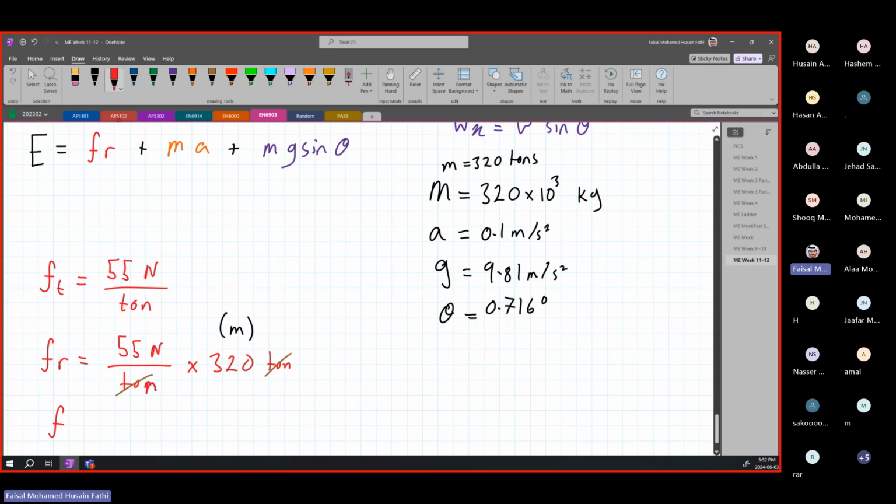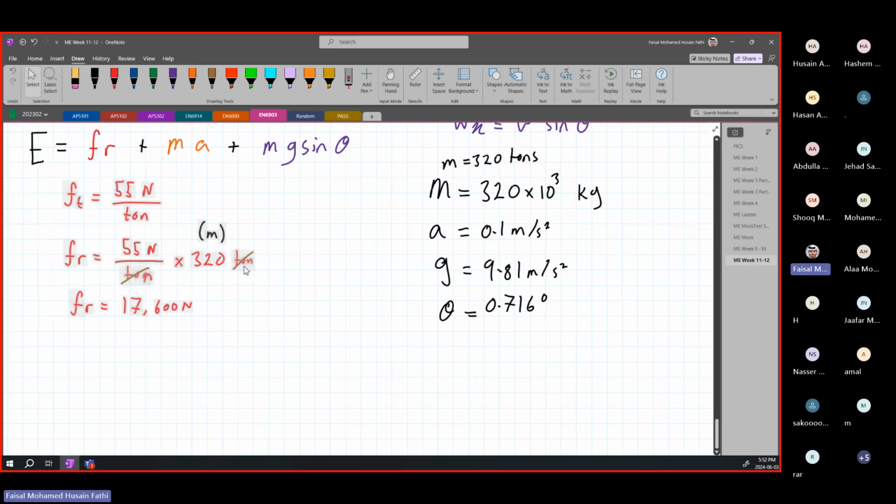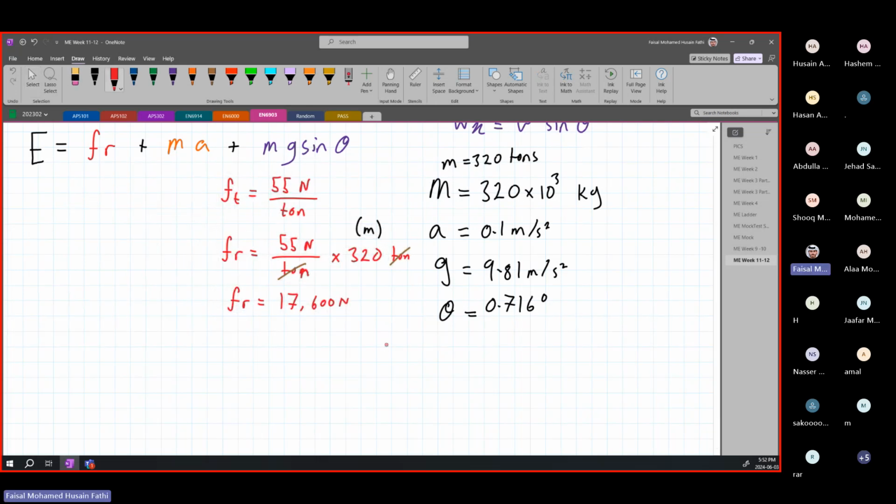So our actual friction force for 320 tons, not 1, is going to be 55 times 320, which is 17,600 newtons. And now we have all of our unknowns found. So we know that Fr equals 17,600 newtons.